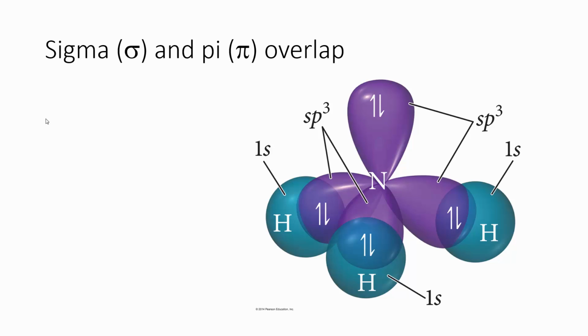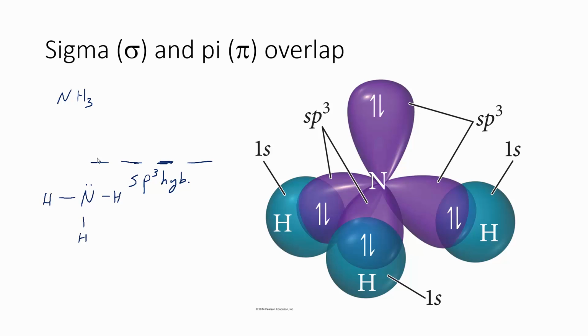Now, ammonia, NH3, if we look at the Lewis dot structure for this, we end up seeing 3 bonds to hydrogen and 1 lone pair of electrons. So we have 4 groups which are trying to get as far away from each other as possible. So we again cache in our 4 orbitals, 1s and 3 p's, for 4 equal sp3 hybrid orbitals.